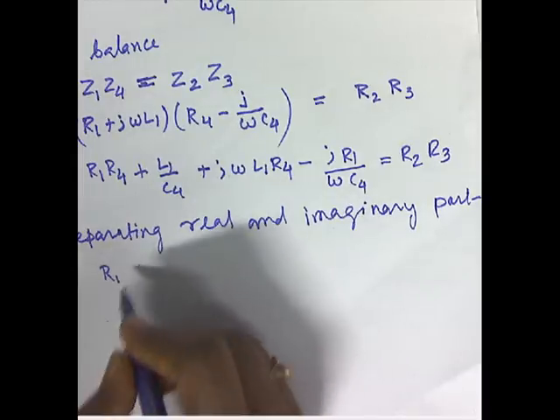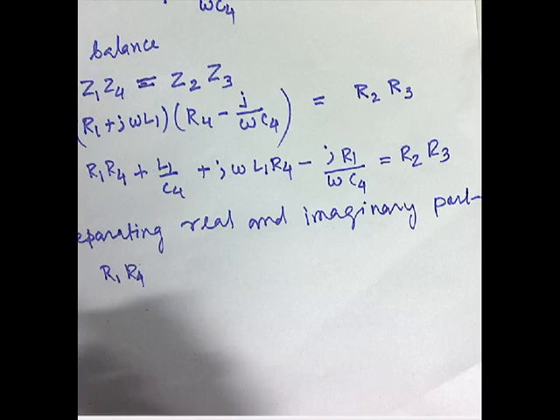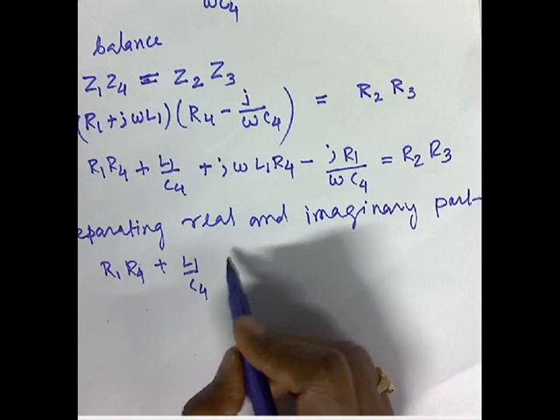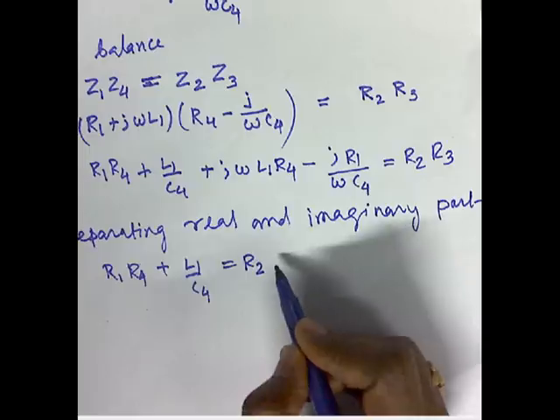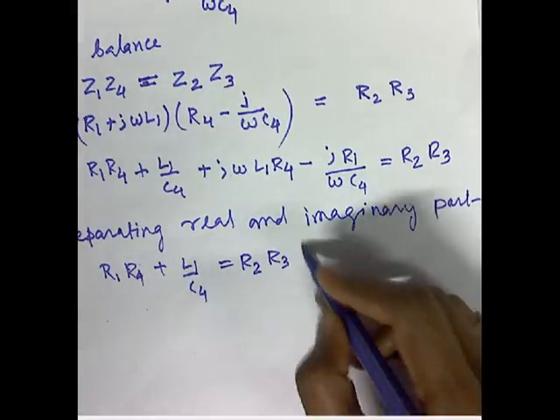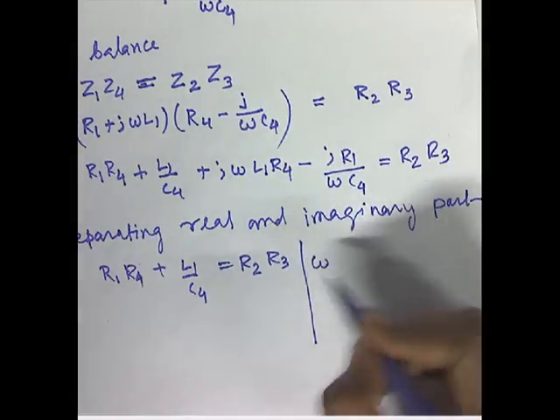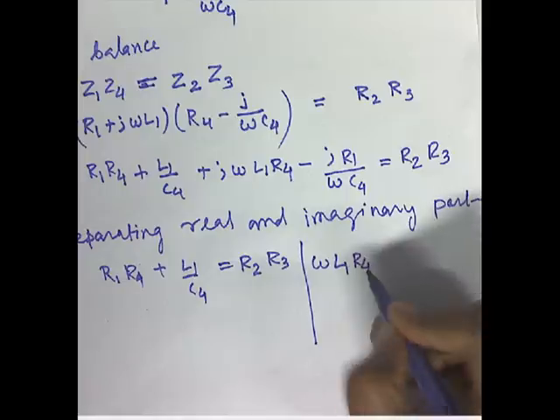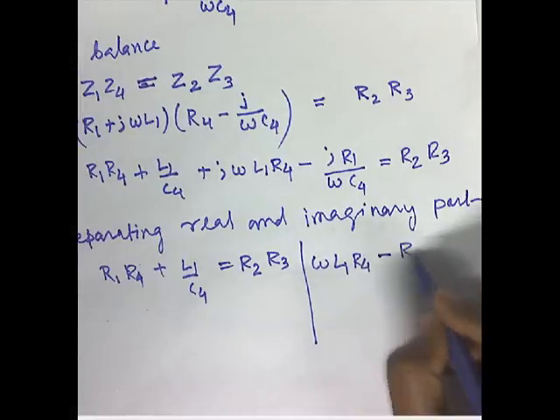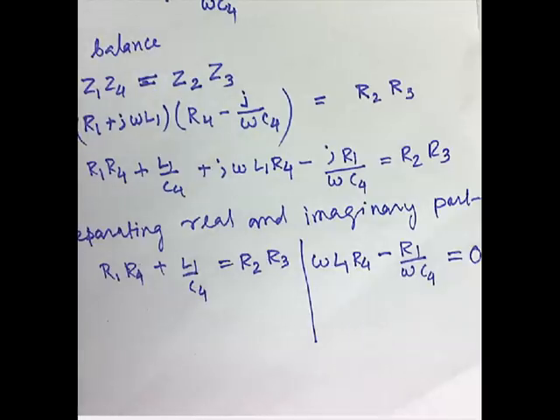We have R1 R4 plus L1 by C4 is equal to R2 R3, and omega L1 R4 minus R1 by omega C4 is equal to 0.